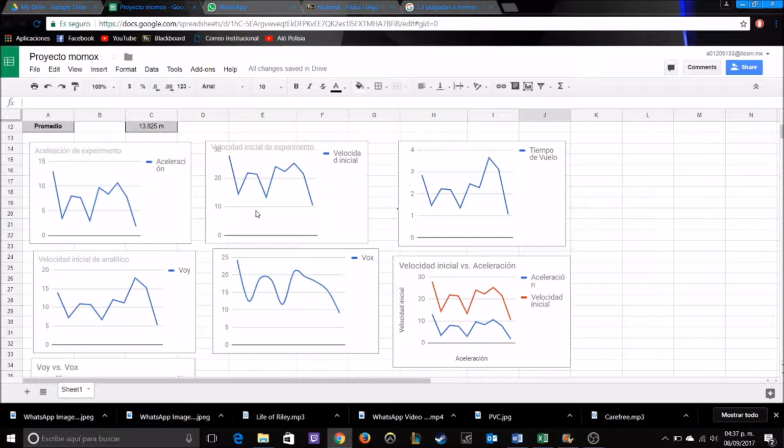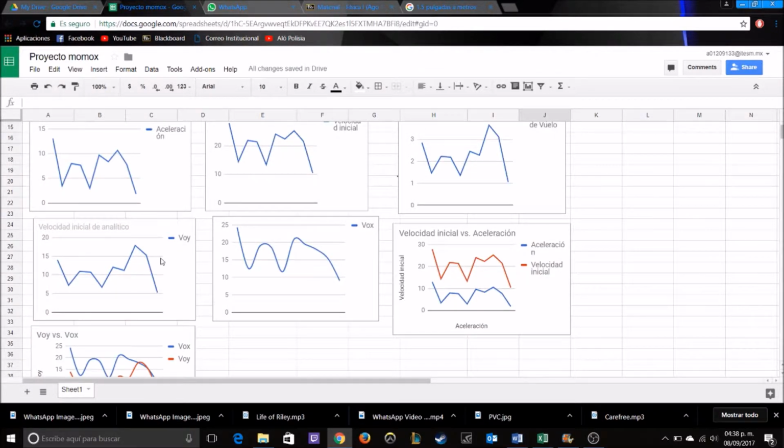Now, as for the analytics, we can say that calculated with procedures and all that, we can see that the initial velocity in y is a little different, and as for the initial velocity in x, we can see that it turns out to be similar to completely different from the velocity in y.